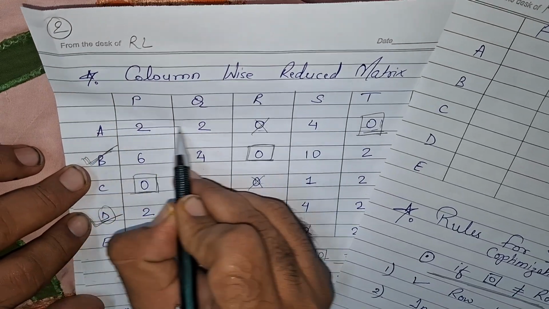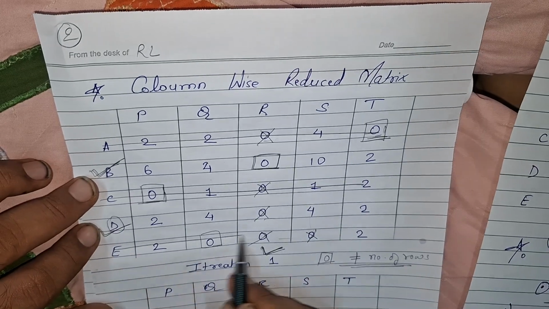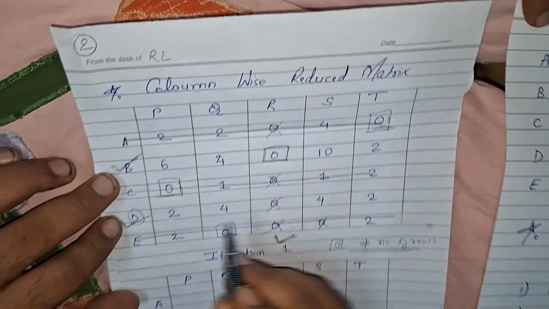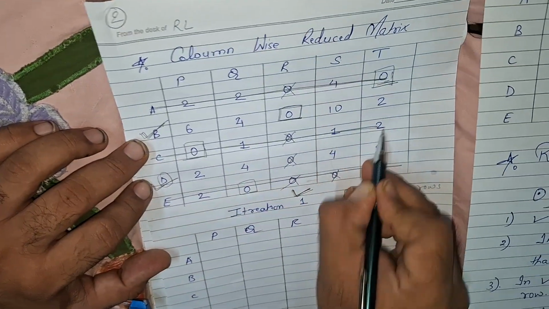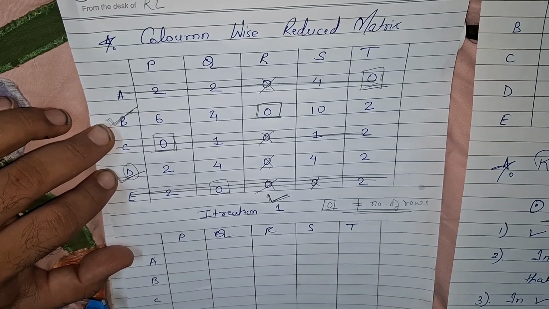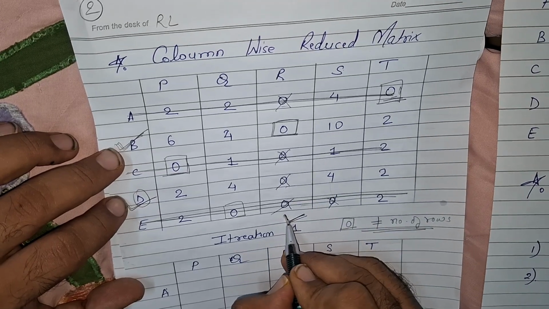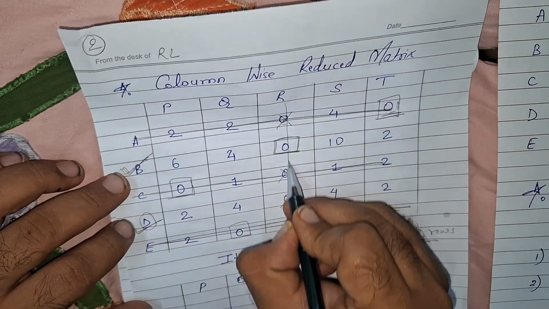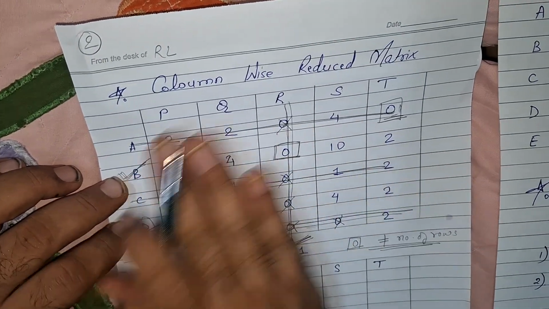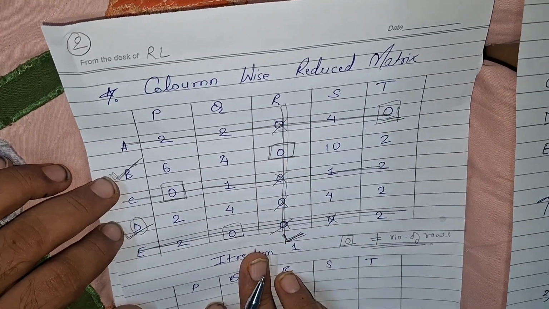You can see here, this is not ticked, this is not ticked, this is not ticked. Okay, draw a line passing through the rows which are not ticked. Now second thing, draw a line through the ticked column. So this is a ticked column. So you can see here every zero is covered. In simple terms, every zero is on a line.